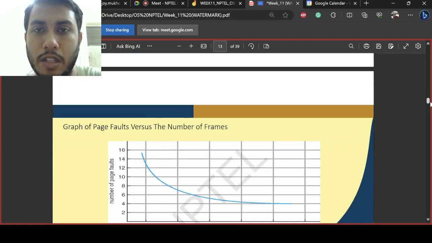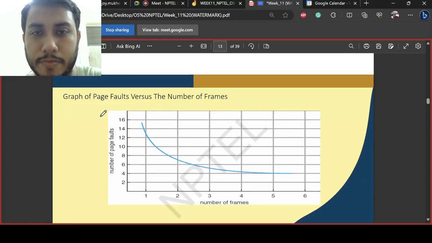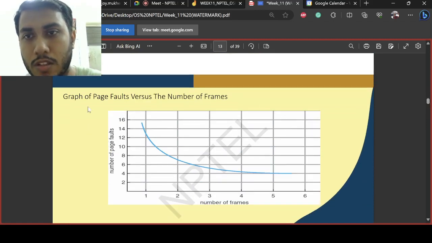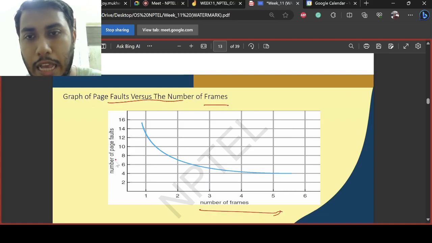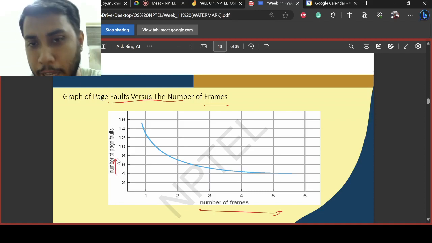So here is an important graph: page faults versus number of frames. As the number of frames increases here, these are the number of page faults.